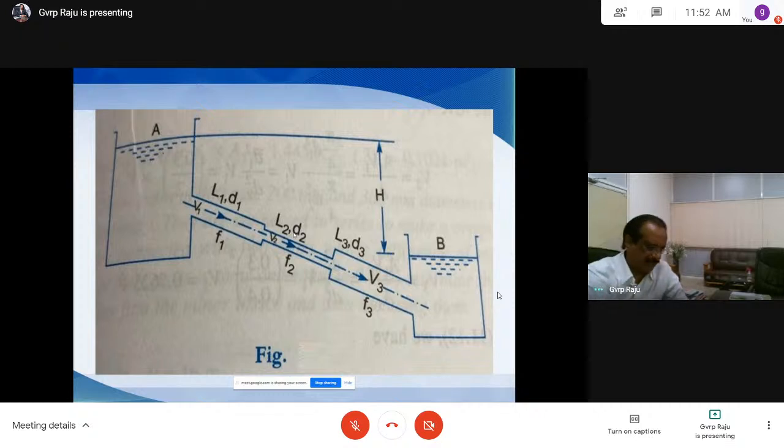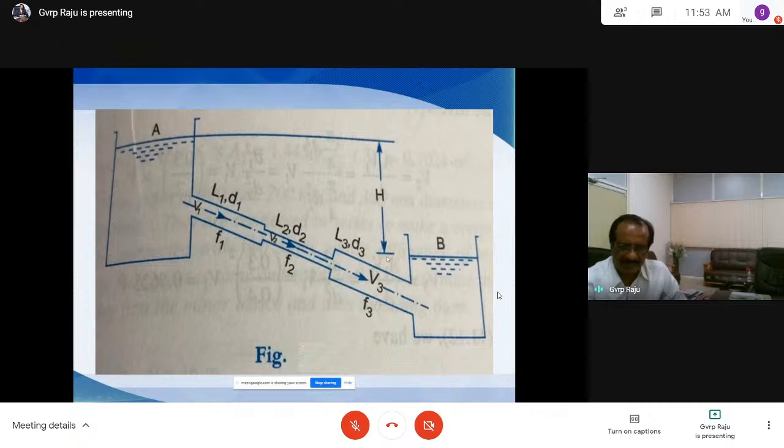Then we are asked to find the diameter of a single pipe of length L and diameter D in terms of L1, D1, L2, D2, L3, D3. Simple. That equation is called Dupuit's equation. The procedure is: find the head loss due to friction for pipe 1, for pipe 2 and for pipe 3. These are the losses here.